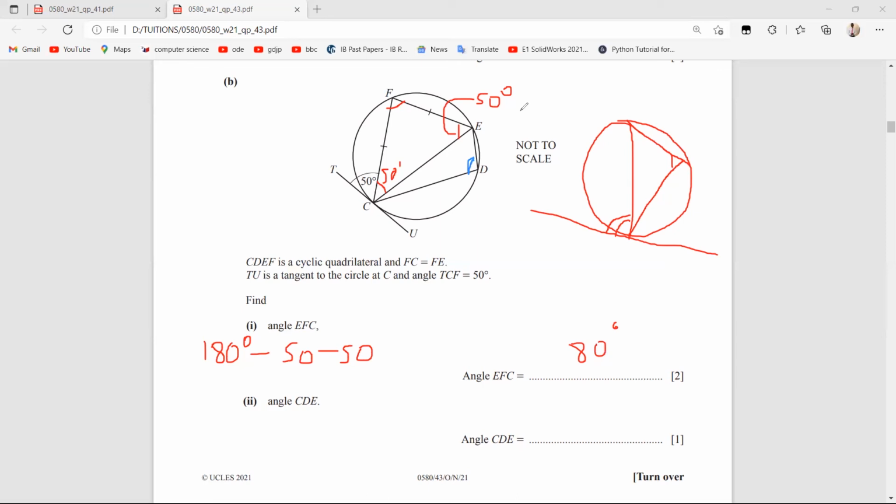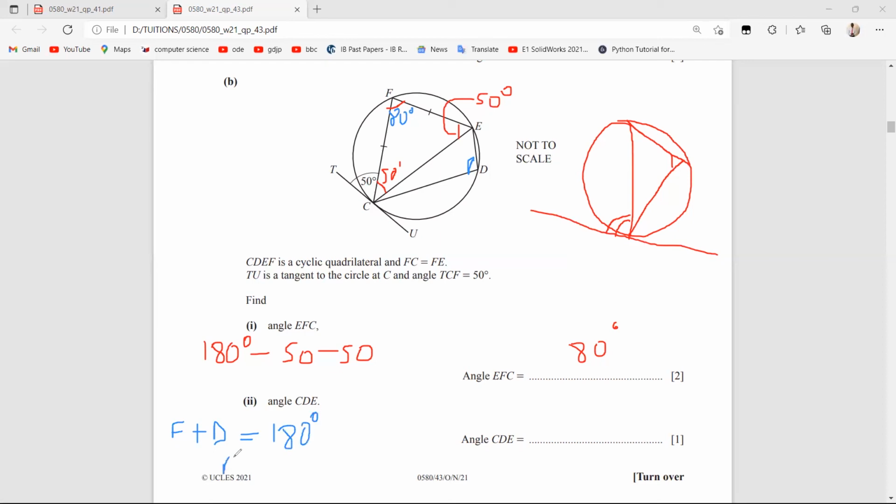So now to get that angle, we know that F we have found to be 80 degrees, all right? So now we apply the knowledge of cyclic quadrilaterals. The opposite angles in a cyclic quadrilateral are supplementary, all right? So supplementary angles are angles that add up to 180. That means if you take angle F plus angle D, because they are the opposite angles we are talking about, we should get 180 degrees, all right?